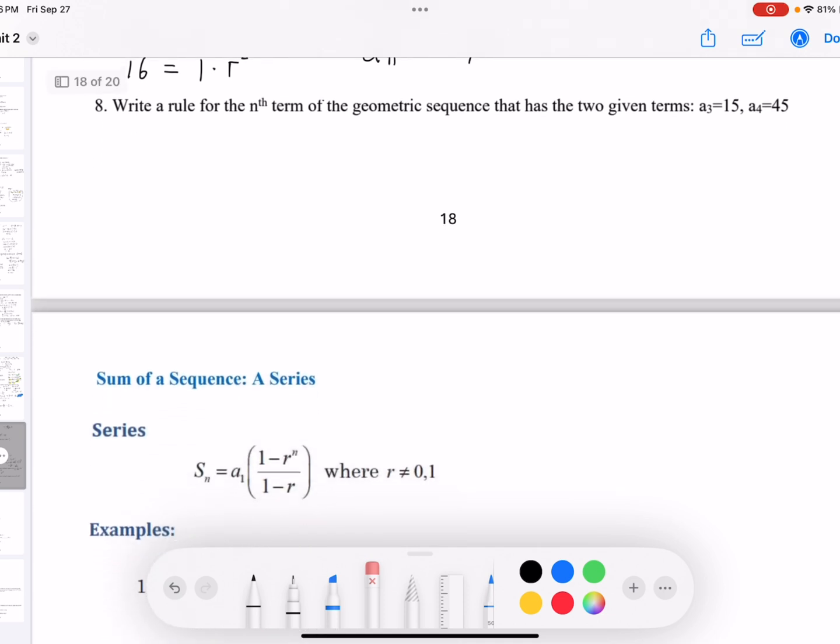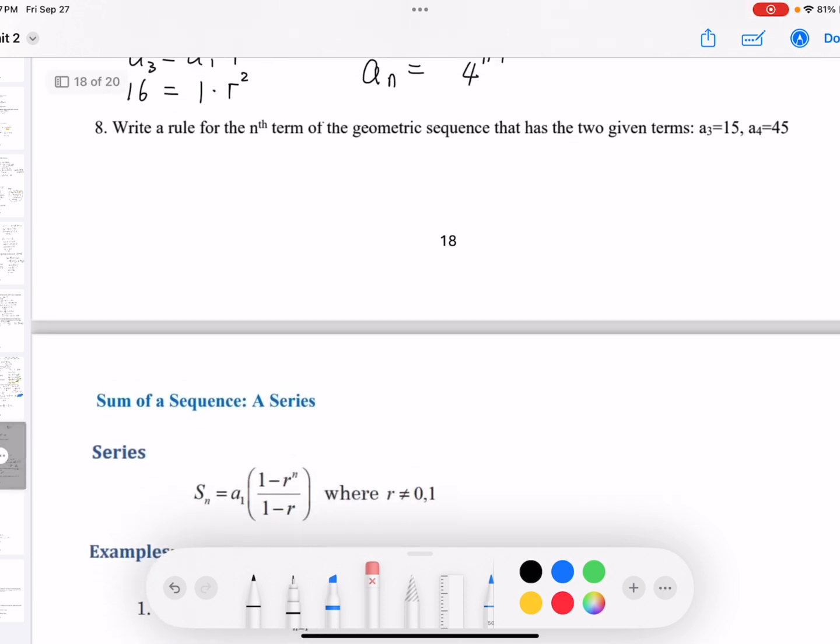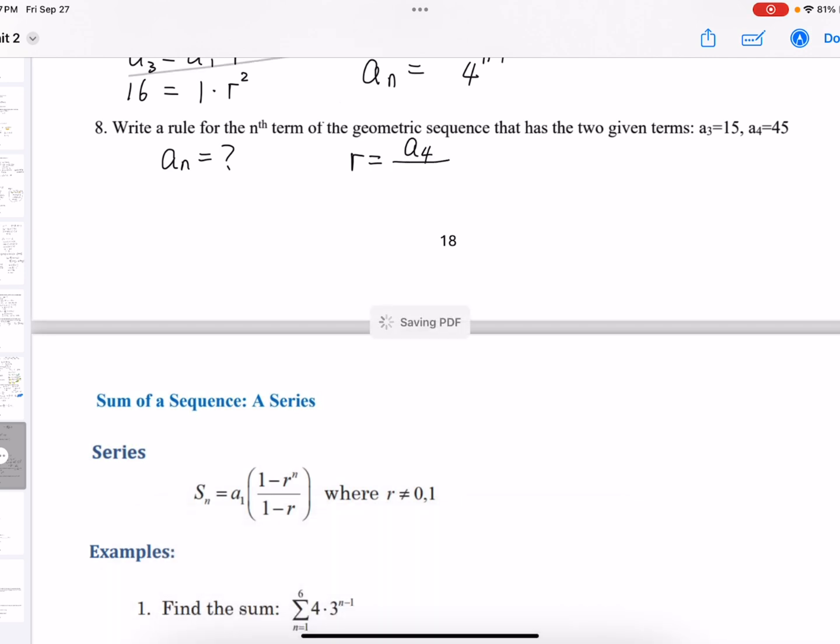Okay, number 8, write a rule for the nth term of the geometric sequence. We're looking for a sub n, that has two given terms, a sub 3 and a sub 4. So it's very easy because r is equal to the term a sub 4 divided by its previous term a sub 3.